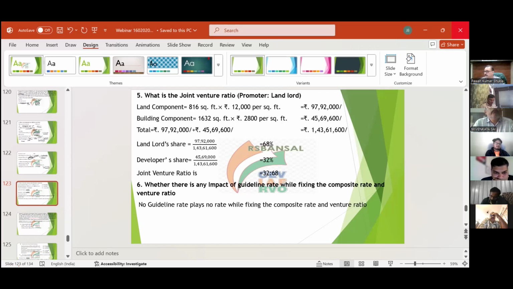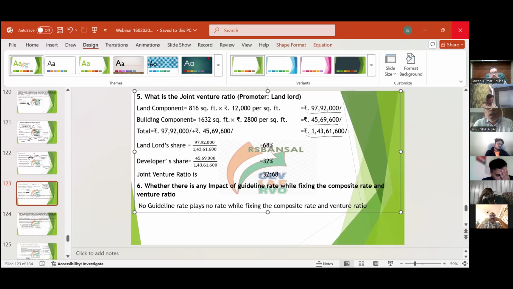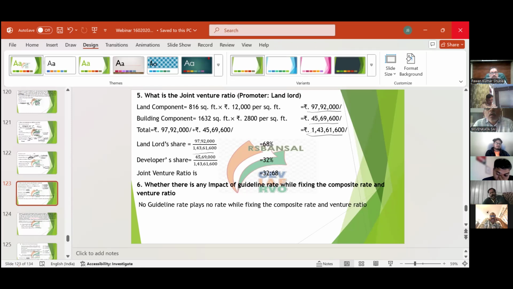So the land component is 97 lakh 92,000 and the building component is 45 lakh 69,600. Adding all of them, it is 1 crore 43 lakh 61,600. So the landlord's share will be 97 lakh 92,000 divided by 1 crore 43 lakh 61,600, which is 68%.